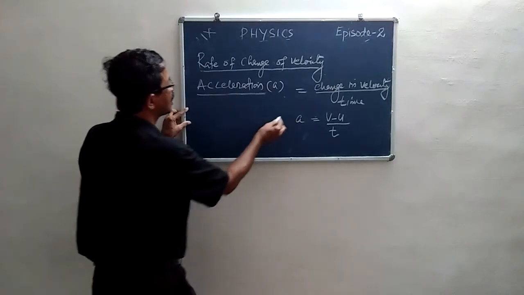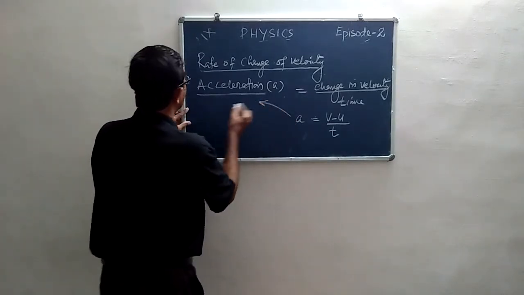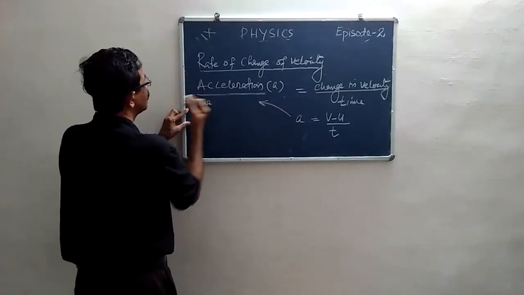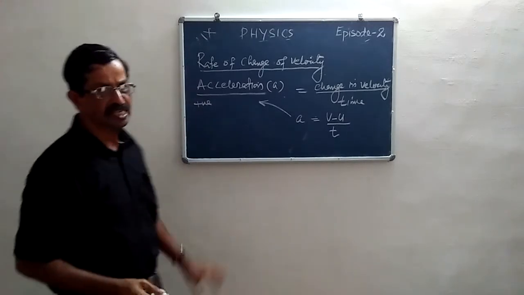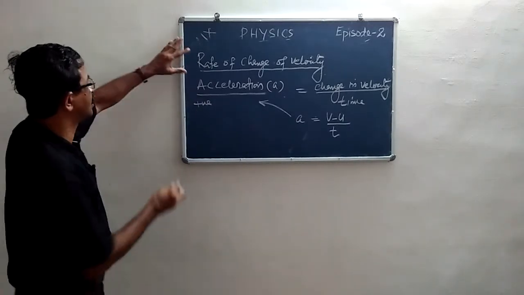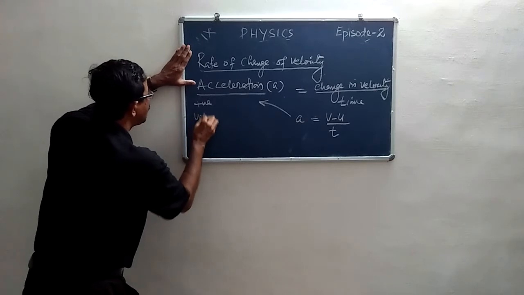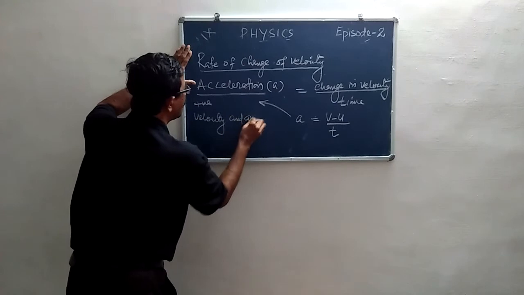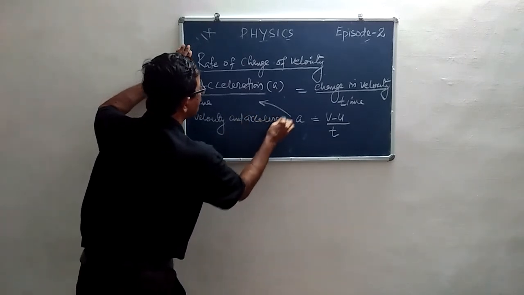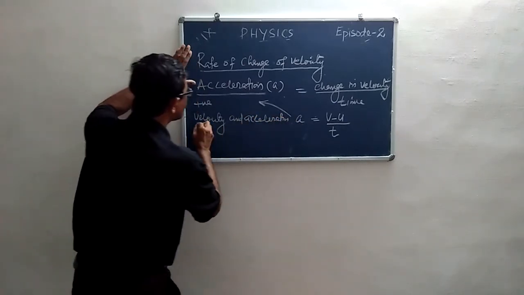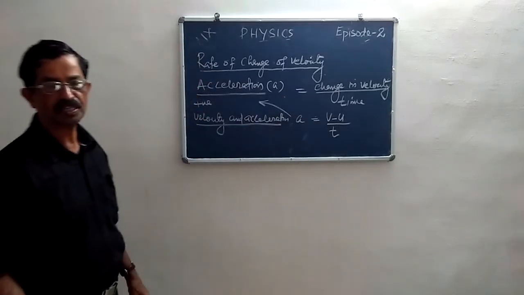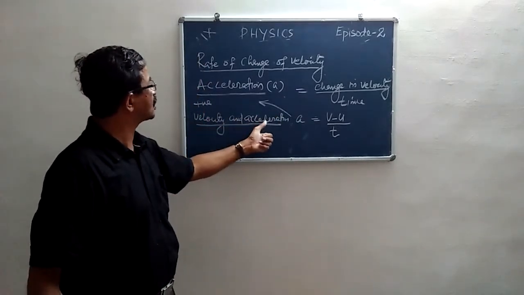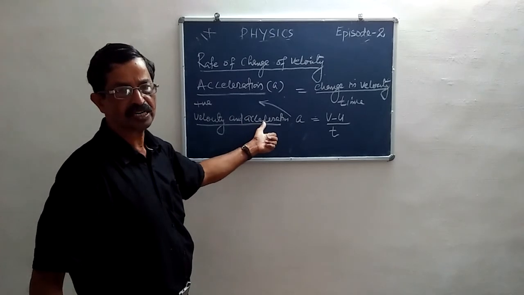When does this acceleration become positive? If the acceleration is in the same direction as velocity, that means velocity and acceleration, these two are in the same direction.